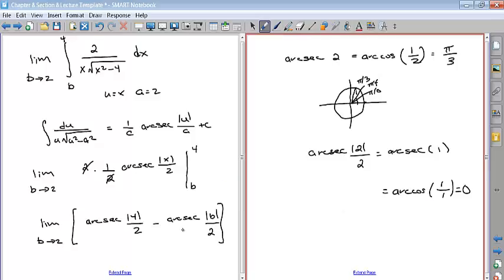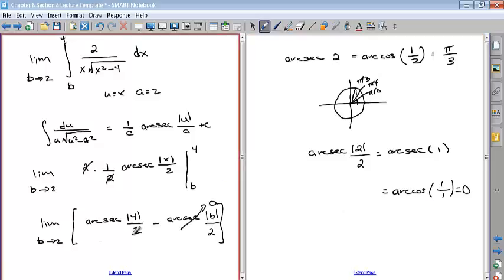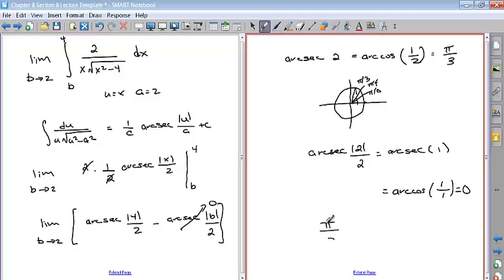So this term is going to go to 0 when you take the limit. So all we're left with is the arc secant of 2, which is pi over 3. So the answer, the integral of this whole thing, is pi over 3.